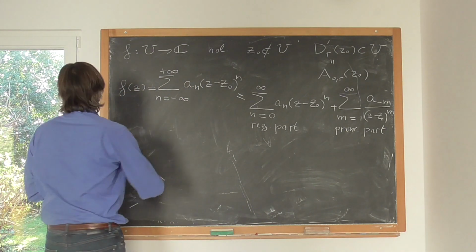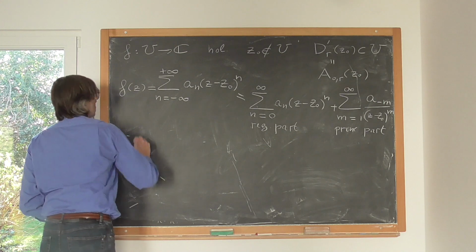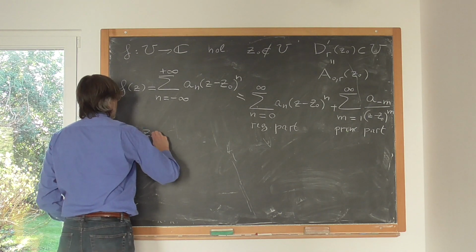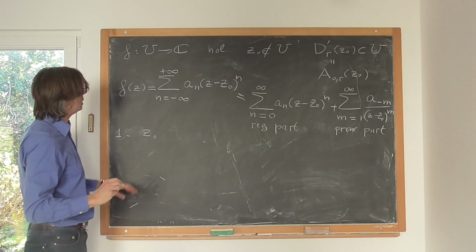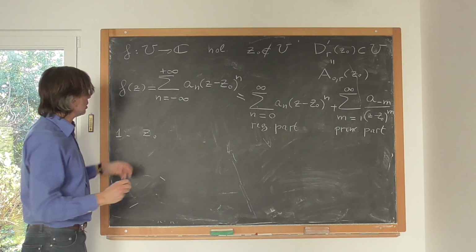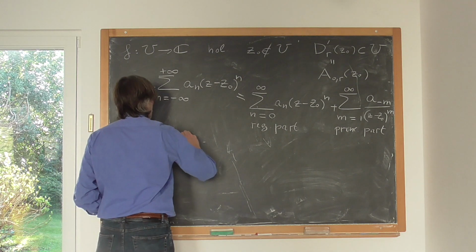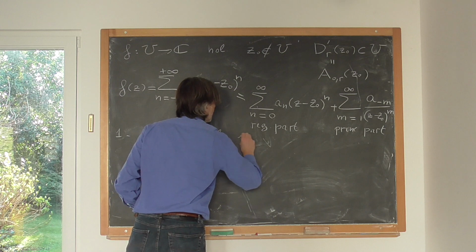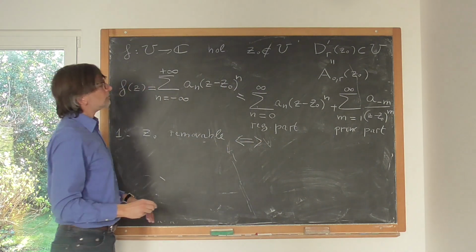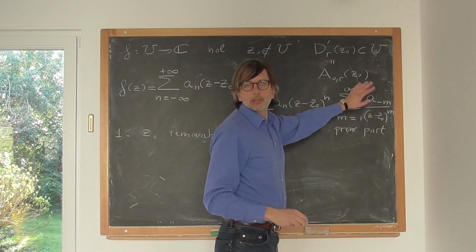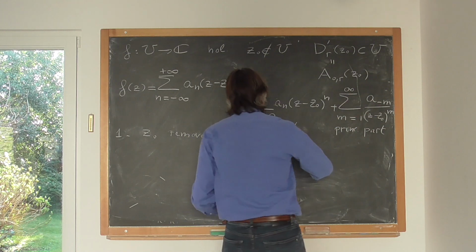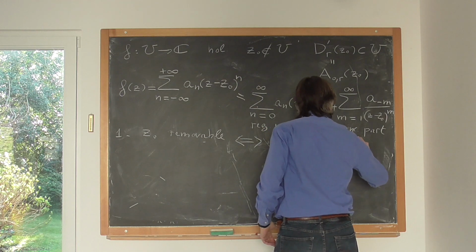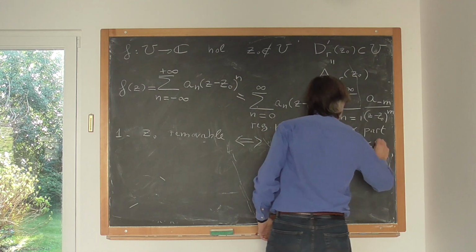So let's start with the case of a removable singularity. What I claim is that Z0 is removable if and only if the principal part vanishes. There is no principal part, meaning that a_n is 0 for all n negative.